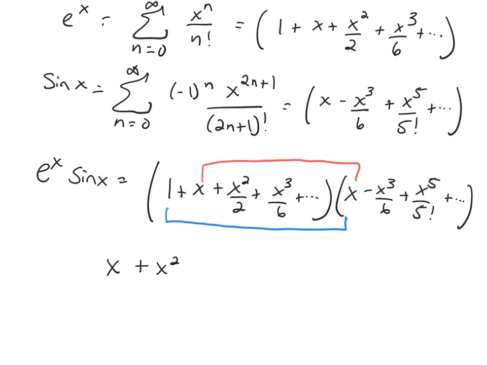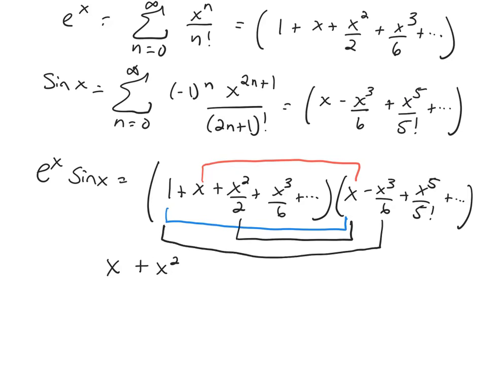What's our next power we can get? X to the third. How can I get x to the third? X squared over 2 and x. And then you can get x to the third over 6 and the 1.